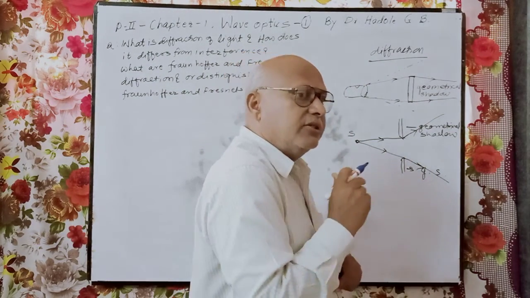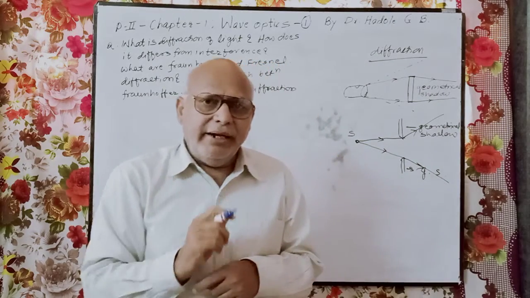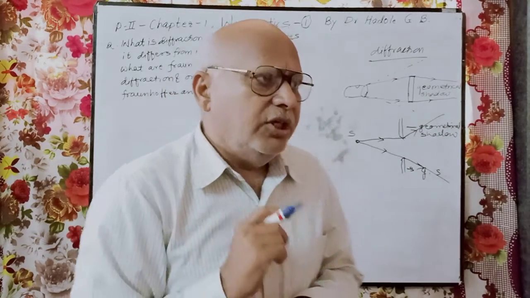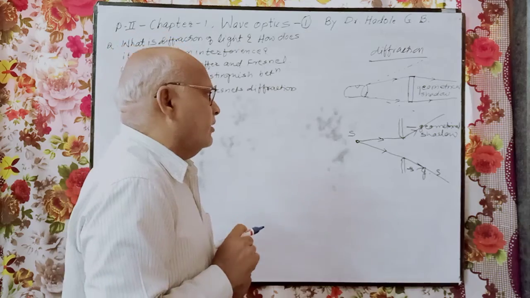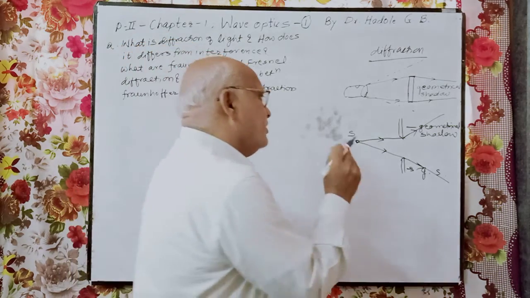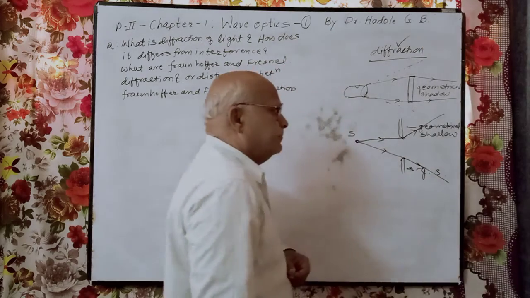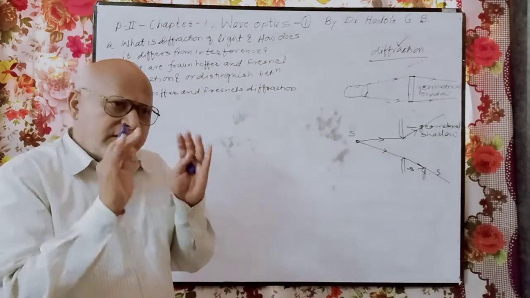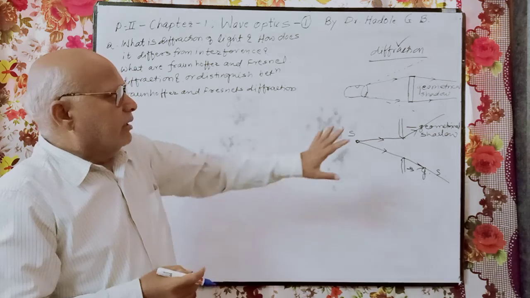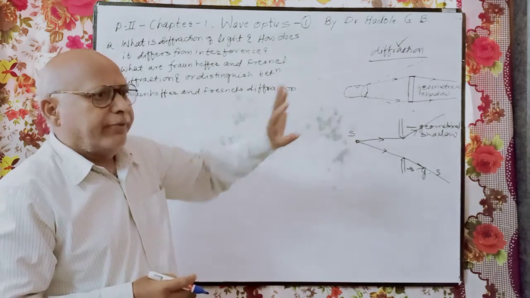Here we have seen there is a bending of light. This bending of light is because of the sharp edges of the obstacle, and therefore such a phenomenon is called diffraction. Now, with this information, we will define diffraction.